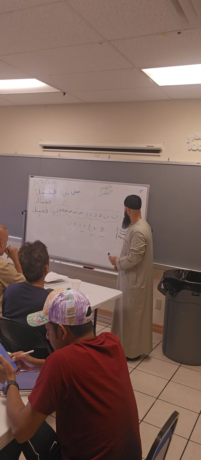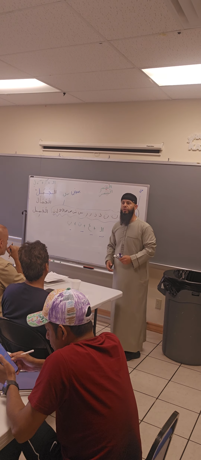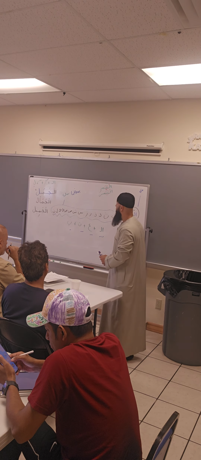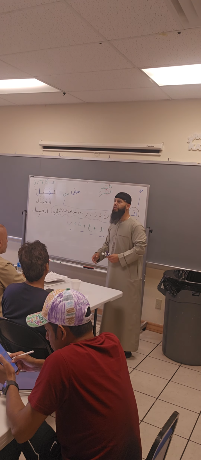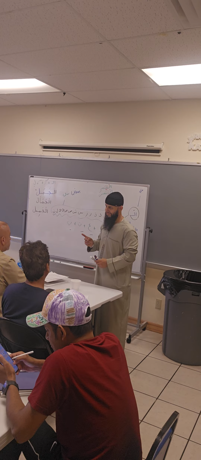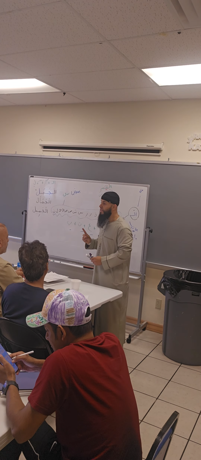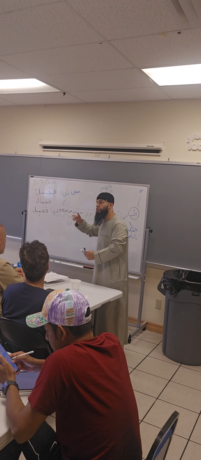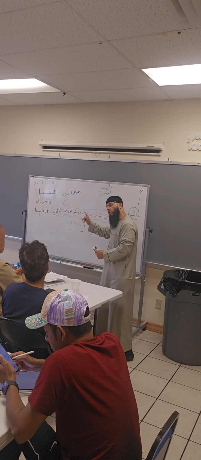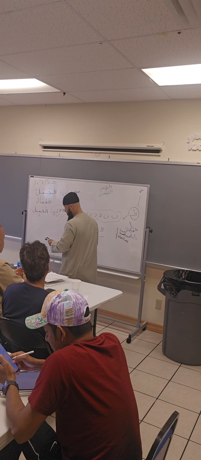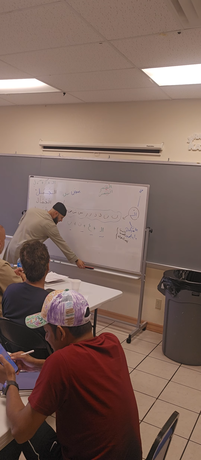Ar-Rahman. If you go to Surah Fatiha, very good, we can give an example from Surah Fatiha. For example, Ar-Rahman, right? You didn't say Al-Rahman. You didn't say Al. You're going to say Ar. You jump right away from A to the Ra. Why? Because Ra is from the solar letters.